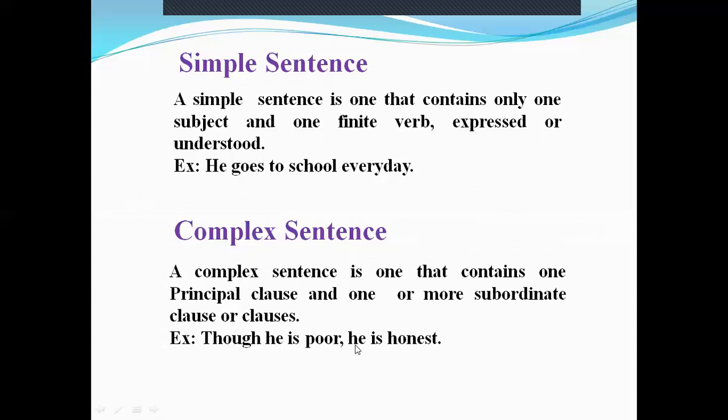In the second clause, he is the subject, is is the verb. The two clauses are connected with though, a subordinating conjunction. So it is an example of a complex sentence. I think you can now understand what a simple sentence is and what a complex sentence is.